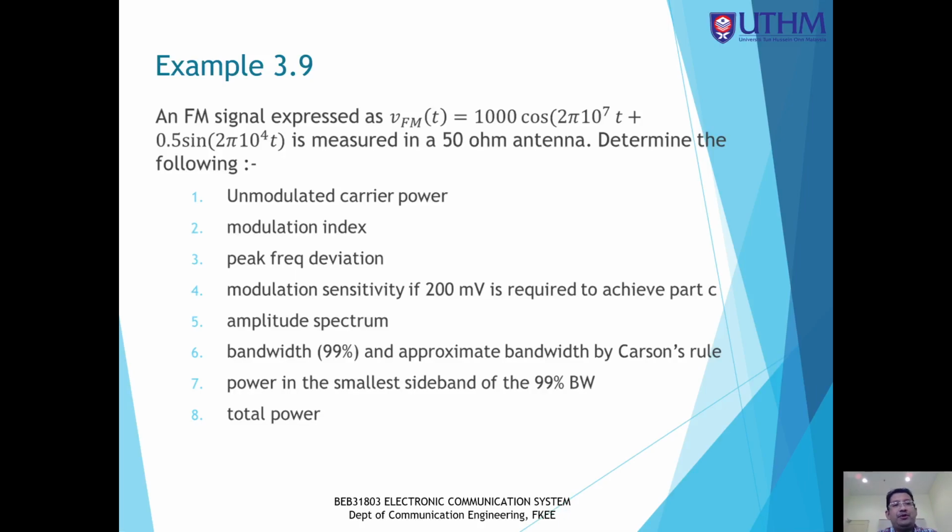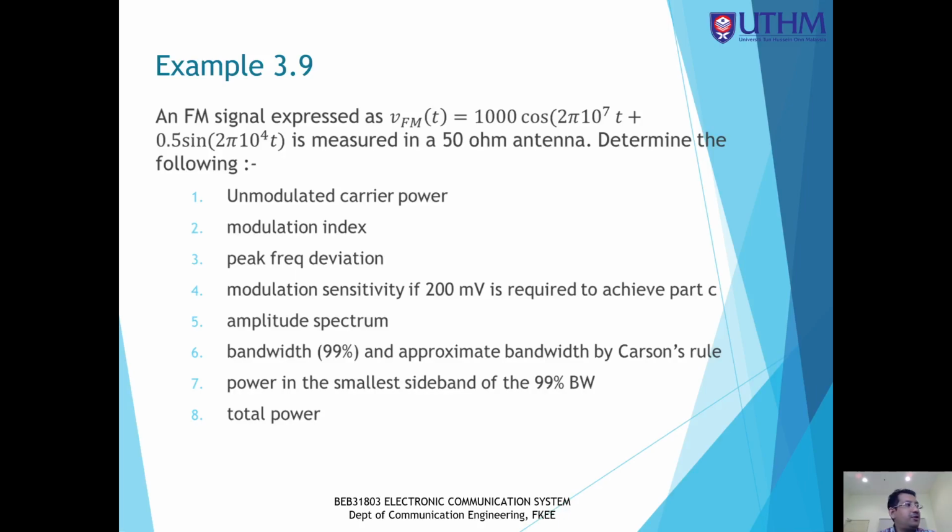Okay, example 3.9. An FM signal expressed as VFM(t) equal to 1000 cos(2 pi 10 power of 7 t plus 0.5 sine 2 pi 10 power of 4 t) is measured in a 50 ohm antenna. Determine the following. Okay, so again, once you are given a question, straight away you need to extract the important parameters.